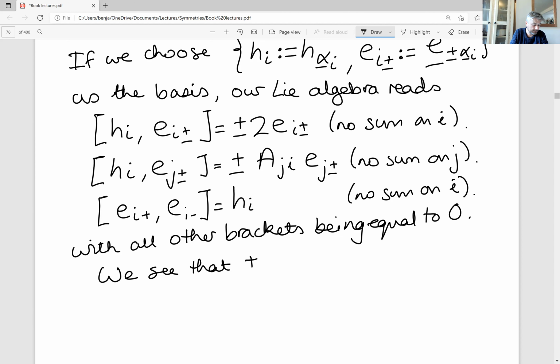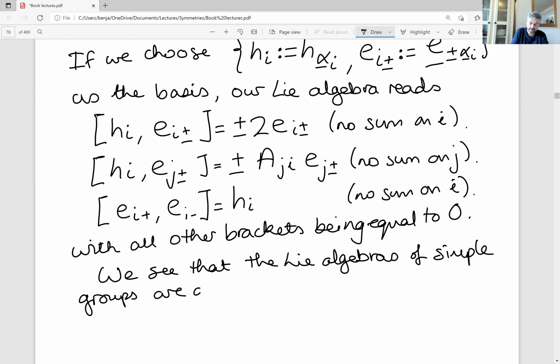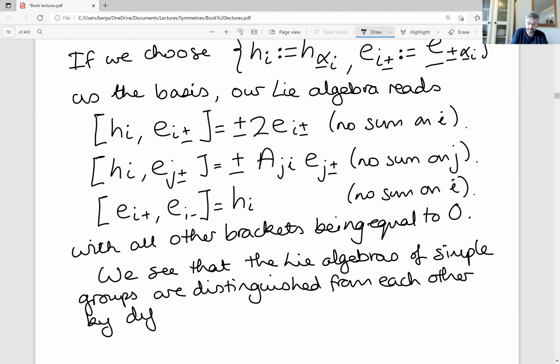So we see that the Lie algebras of simple groups are distinguished from each other by different Cartan matrices, or can be distinguished, I should say. If they have a different Cartan matrix but the same rank, they would be a different Lie algebra.